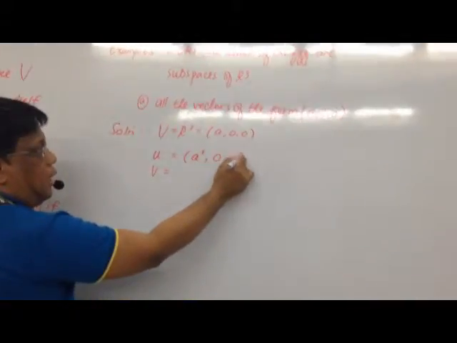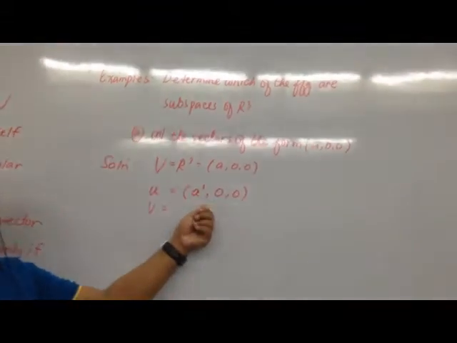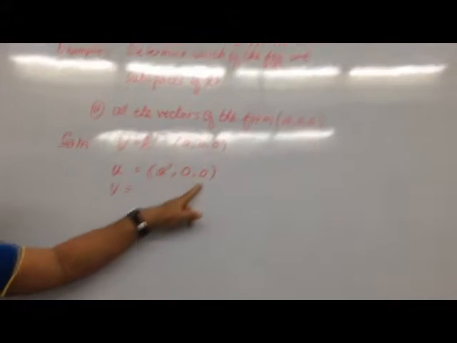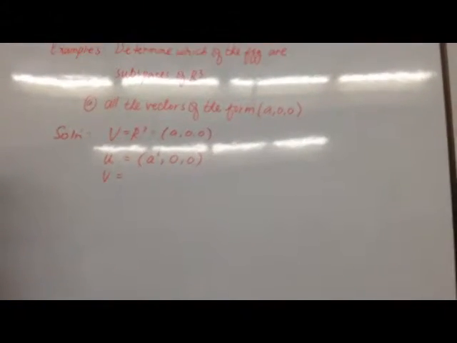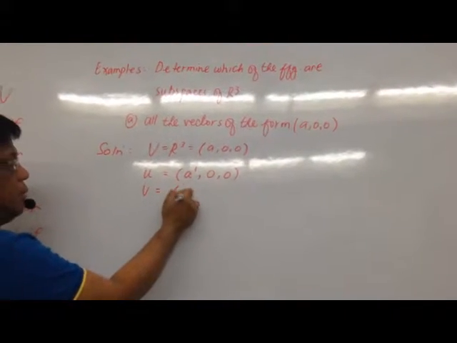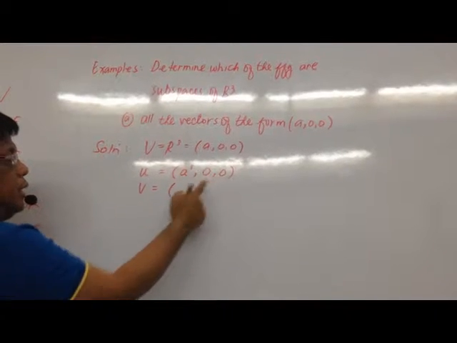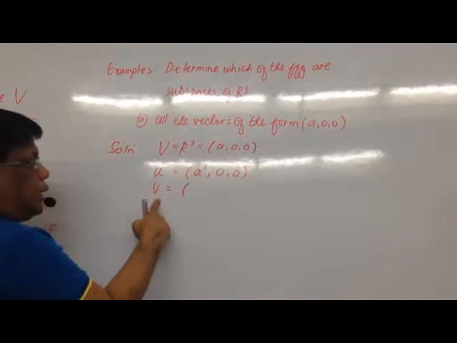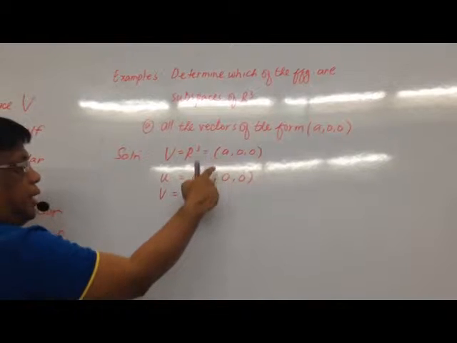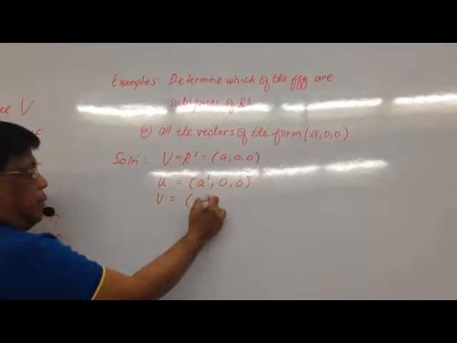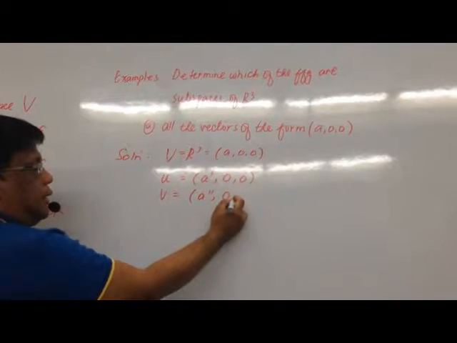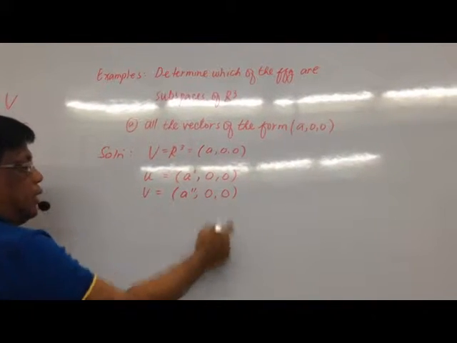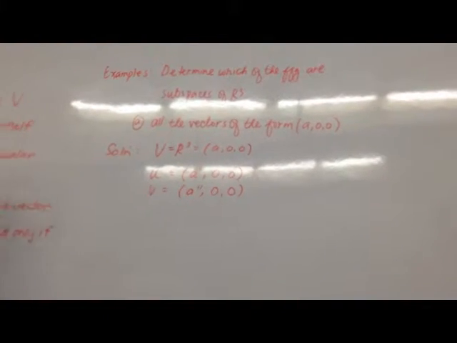Since they are both specific real numbers, we may use 0, 0, class. Do not use 0 prime, because there's no such thing as 0 prime; these two numbers here are specific, okay? What about your v, class? For the first component, we'll make use of a double prime, then we have 0, 0 as the second and third components. Okay? So let us now work on the two conditions, class.